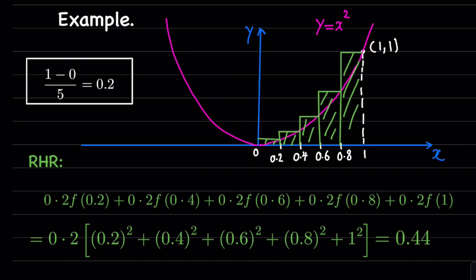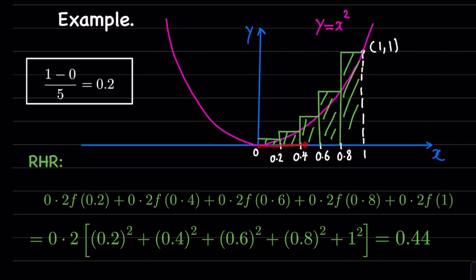So what I'm going to do is use the areas of rectangles to approximate that area. I'm going to divide this interval 0 to 1 into 5 equal subintervals.